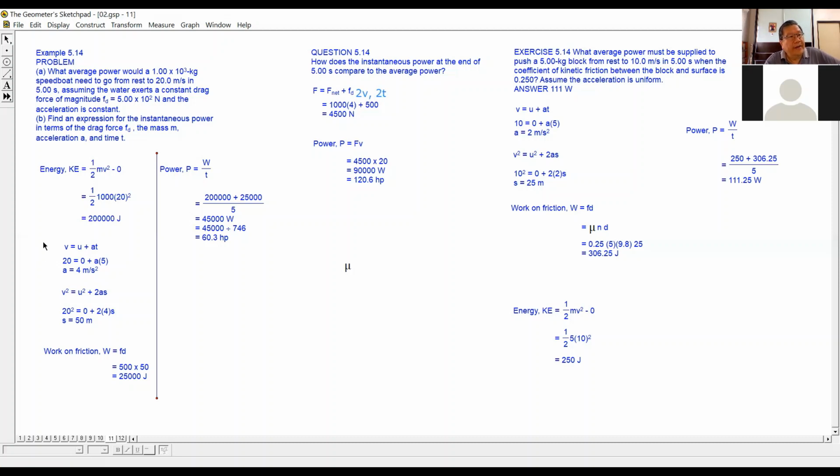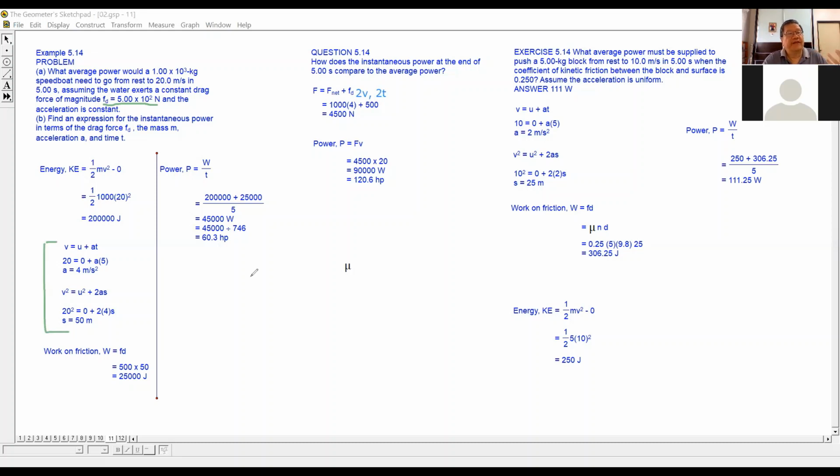In order to find the work done against the friction, although we know the frictional force here, we don't know how far they move in the direction of the force. To know the work done against friction, you must use the frictional force times the distance. We don't know how far they travel, so we have to fall back on our equation of motion.